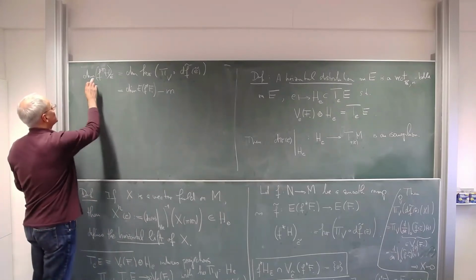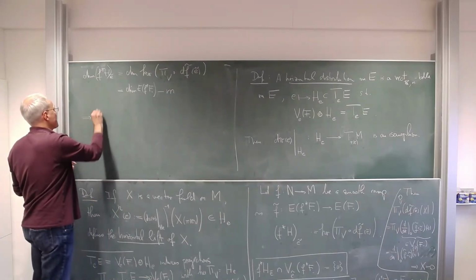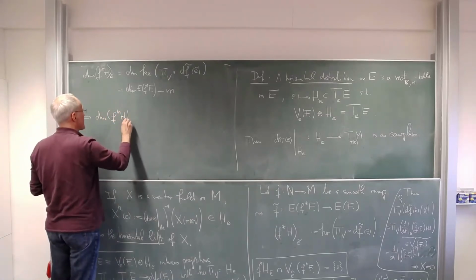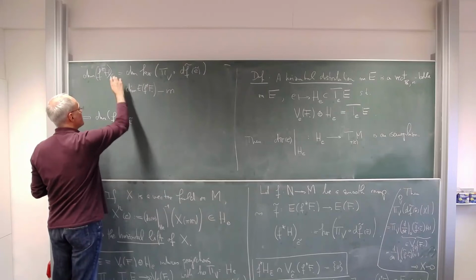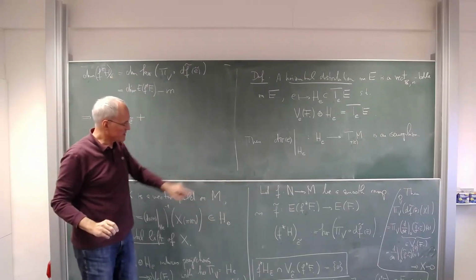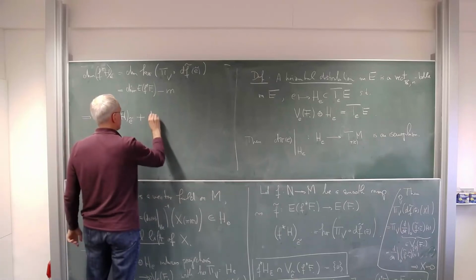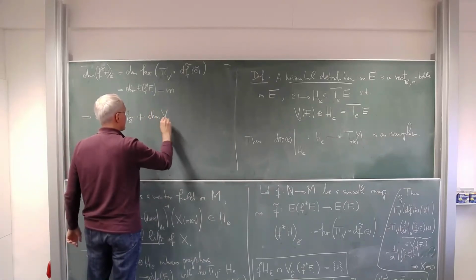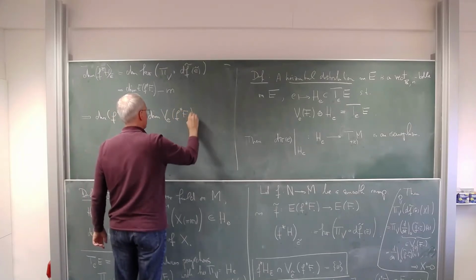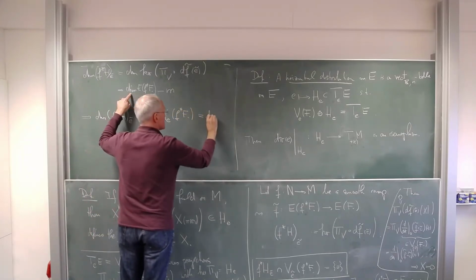the dimension of this one. I bring the m on the other side. The m is the dimension of the fiber, but that's the same thing as the dimension of the vertical space. It's the same as the dimension of the total space.